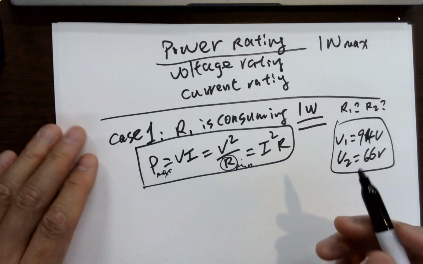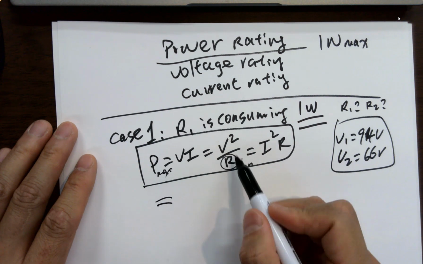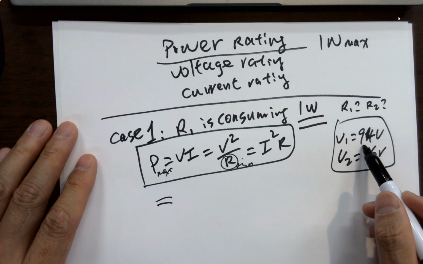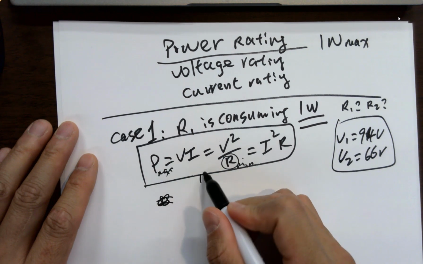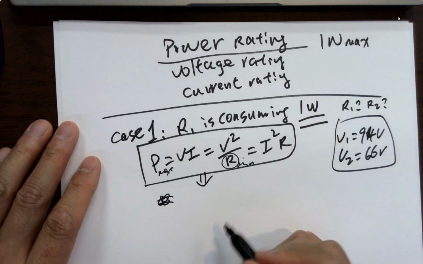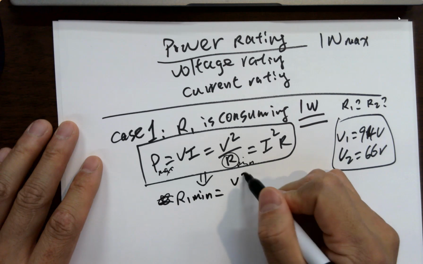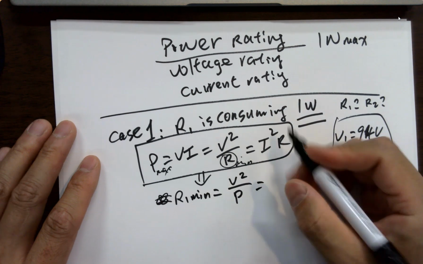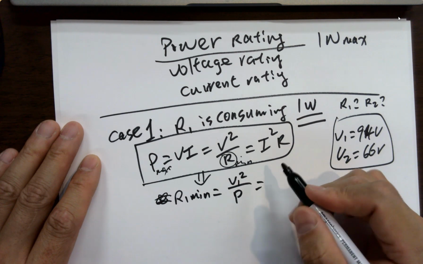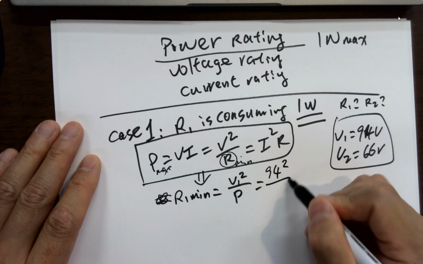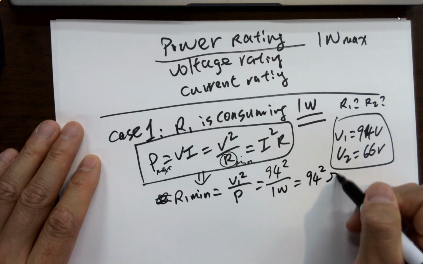Since these are all valid equations, R1 minimum will be V square over P, and P is 1 watt, so this becomes 94 square, which is V1 square over 1 watt, which is 94 square ohms.